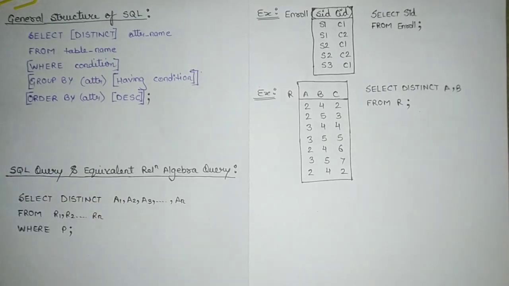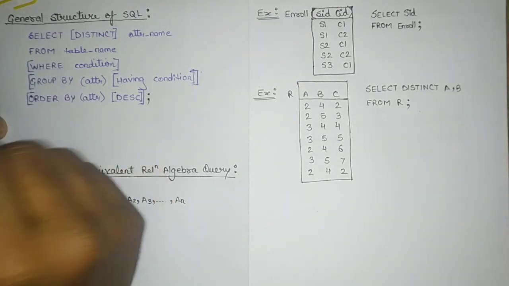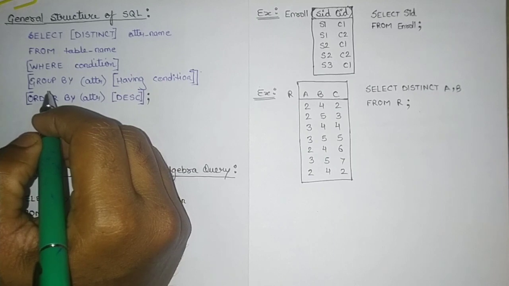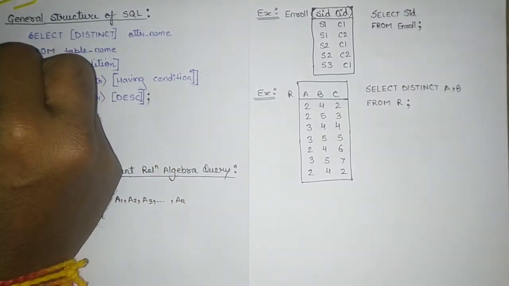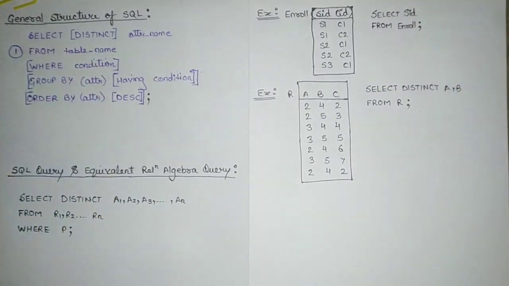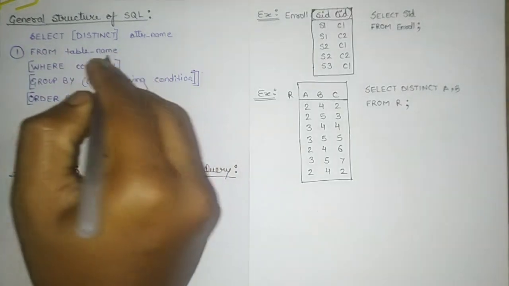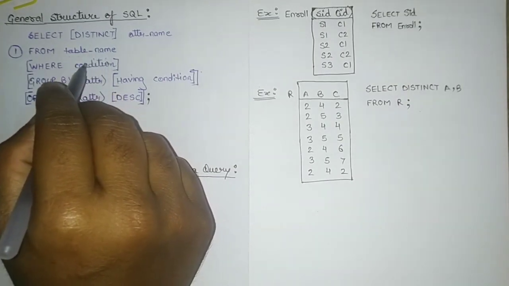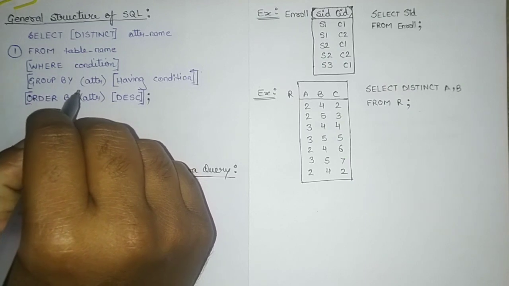Now see, what will be the execution flow? First of all, whenever you are performing any operation on a table, you need to know from which particular table you want to retrieve the data. That means, first of all, I need to check the from portion. Once I have the data, then I have to check what condition is to be satisfied.